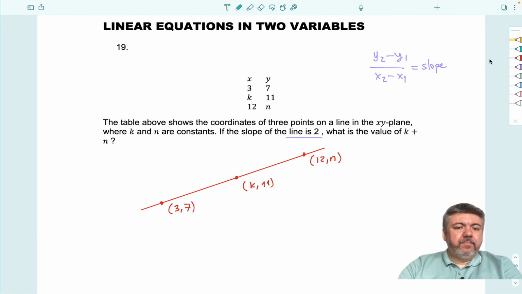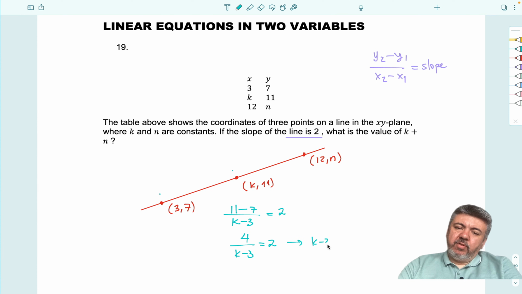Let's do that. Take these 2 points. 11 minus 7 divided by k minus 3 should be the slope, 2. That is 4 over k minus 3 is 2. That is k minus 3 is 2, then k is 5.